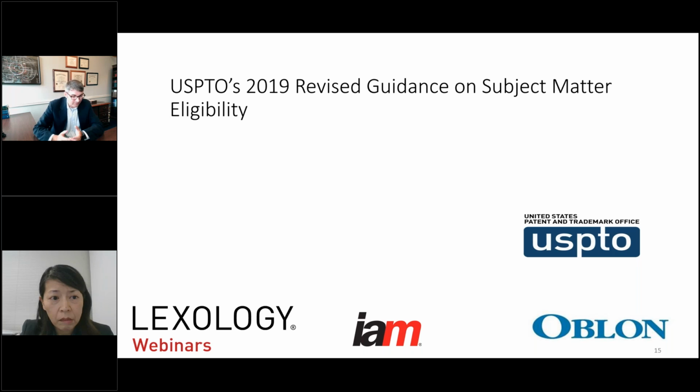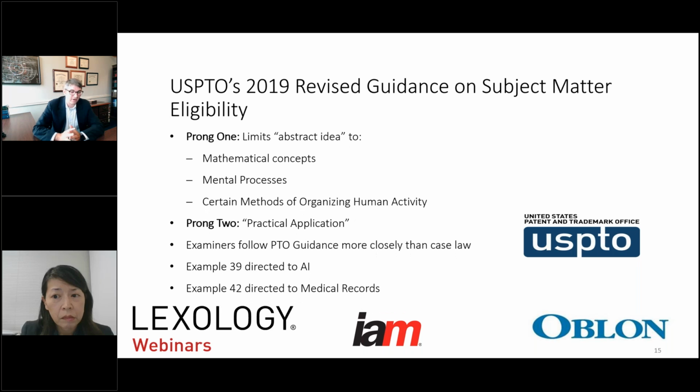So we have, of course, as I alluded to a second ago, a new guidance, and at this point, it's not very new. It's almost 2 years old, but this guidance really changed the way that we looked at 101 cases at the Patent Office. This revised guidance that came out in January of 2019 created these specific groups under prong 1: mathematical concepts, mental processes, and methods of organizing human activities such as business methods.